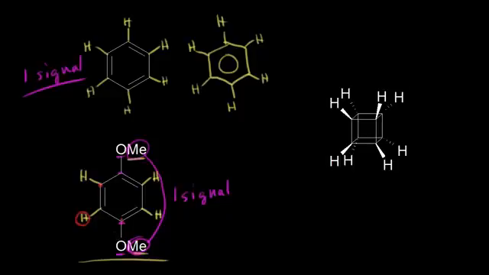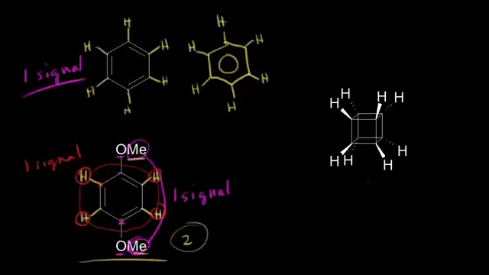This is in the same environment as this one. This one's in the exact same environment. This one is. So again, symmetry helps you realize that all 4 protons are in the same environment, they're chemically equivalent, therefore one signal. So we would expect to see 2 signals for this molecule on an NMR spectrum.